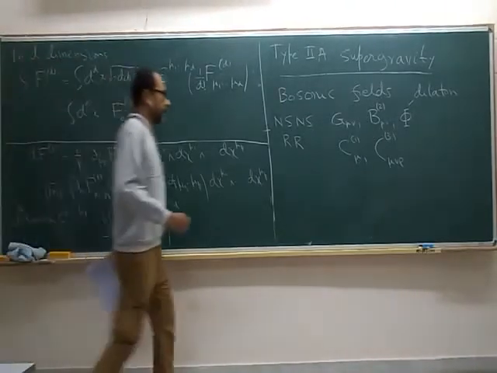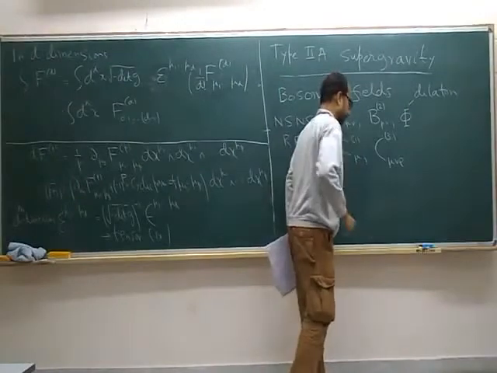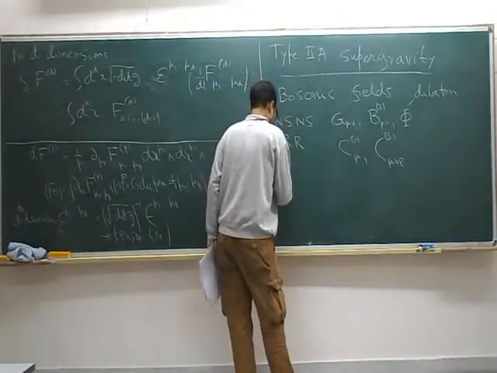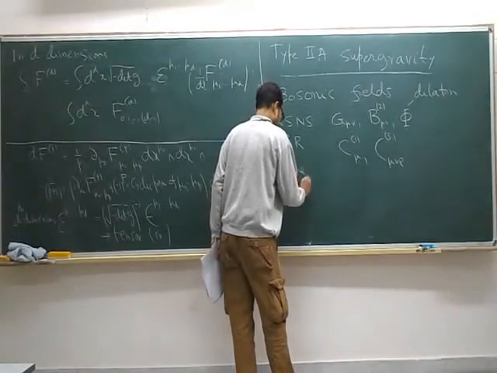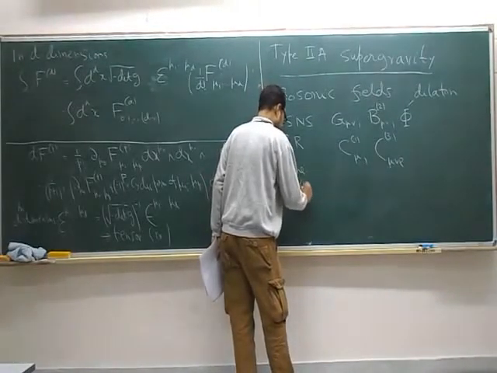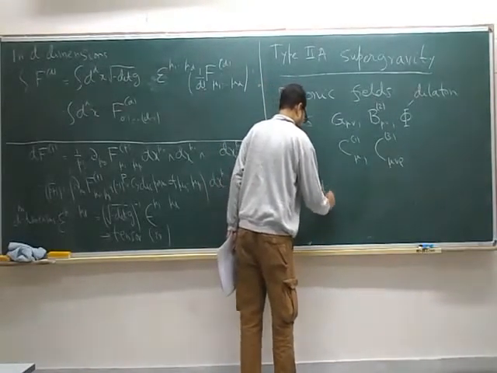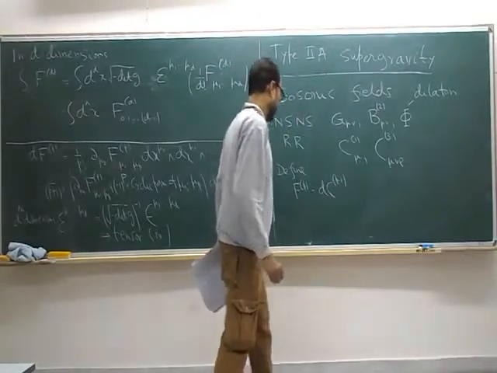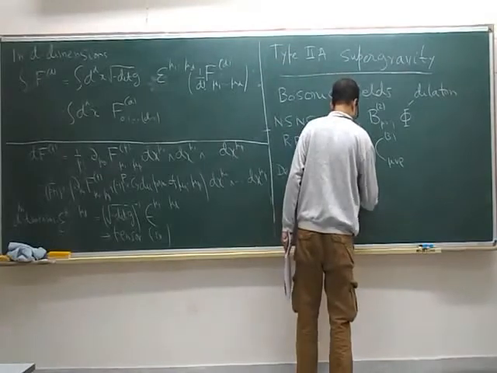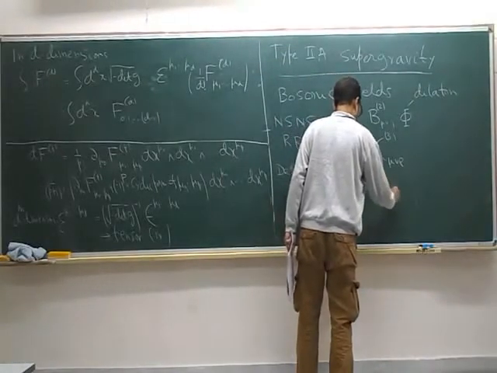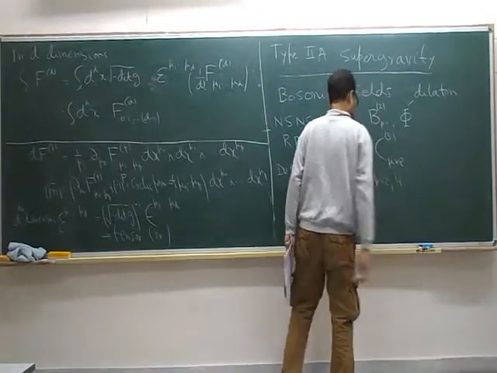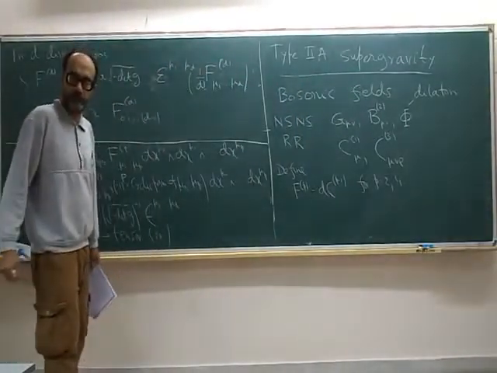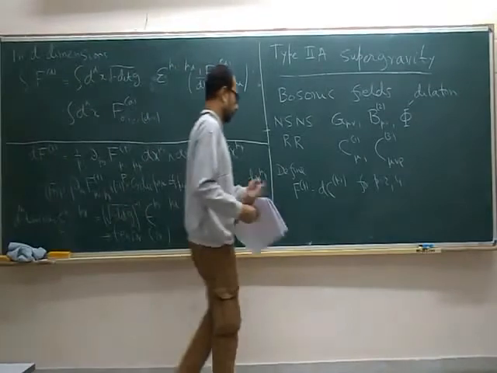Okay, so let's now go ahead to this theory. We define Fp as dCp minus 1 for p equal to 2 and 4.